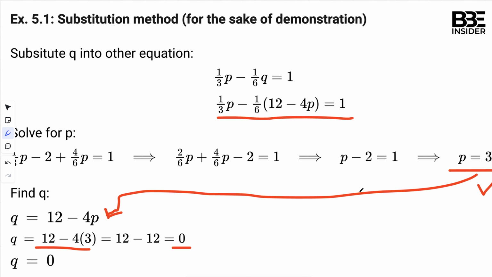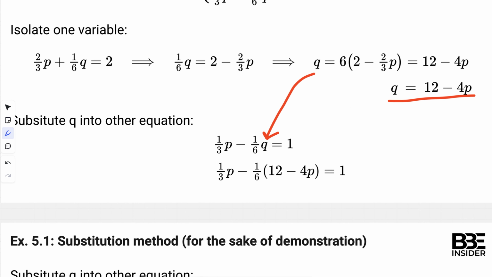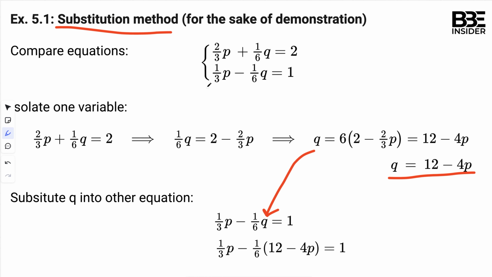In general, it's important that no matter what solution method you're using, both yield the same result. And this is also a way you can check if you did everything correctly. In the very end, you can once again use q equals 0 and p equals 3 and plug it into one of the original equations and check if the left-hand side and the right-hand side match.